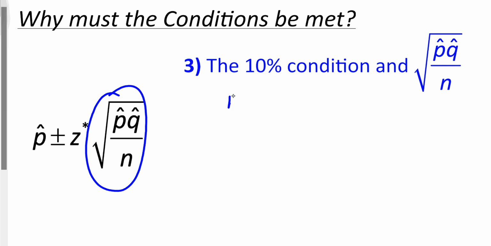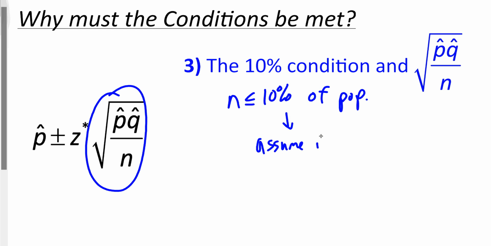So n has to be less than or equal to 10% of the population in order to assume independence. Because otherwise, in a sample, there's no replacement. So we can't assume independence otherwise.